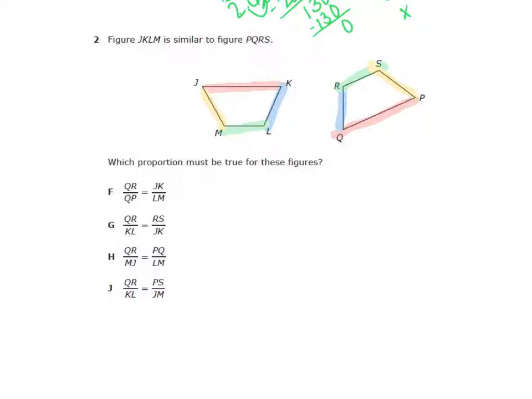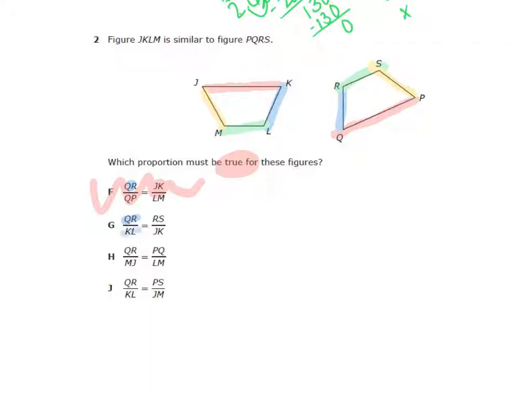Okay, so which proportion must be true for these figures? QR is going to be blue. QP is going to be red. JK is going to be red. So we're already off on that one, right? So we're saying no to that one. And we're looking for the true. QR is blue.